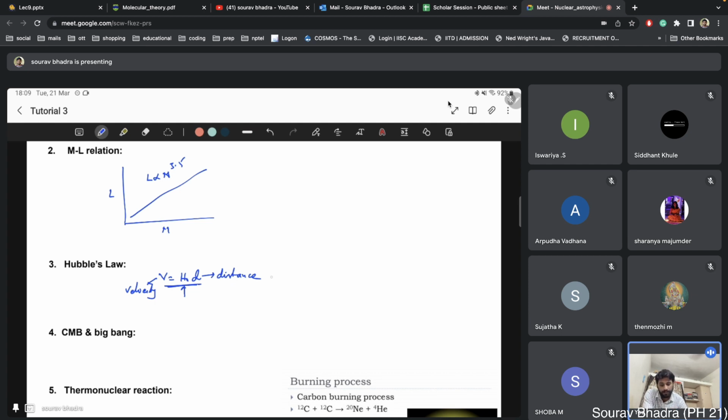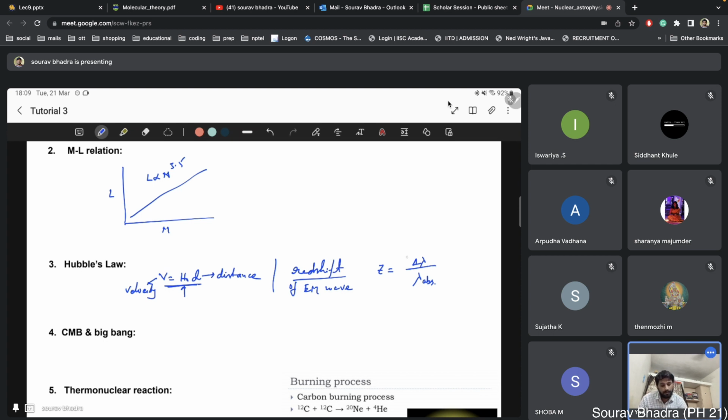One important thing I should have put here, we have also done the redshift of electromagnetic waves. z equals delta lambda by lambda, where delta lambda is the change in the wavelength due to the velocity of that particular object, and lambda is the actual wavelength emitted in the frame of that object.